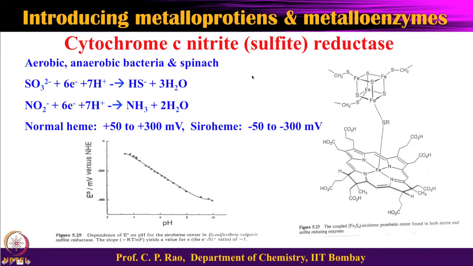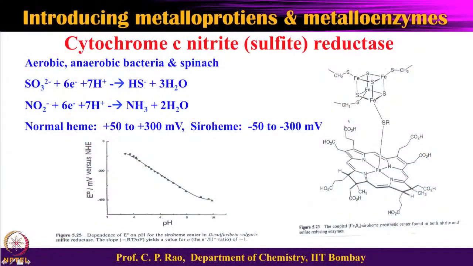In this case you have a different kind of heme center. This heme center is referred to as a siroheme. This heme has an iron sulfur cluster, and both of these are connected together. Earlier we studied electron transfer with either a heme kind of protein or an iron sulfur kind of protein.